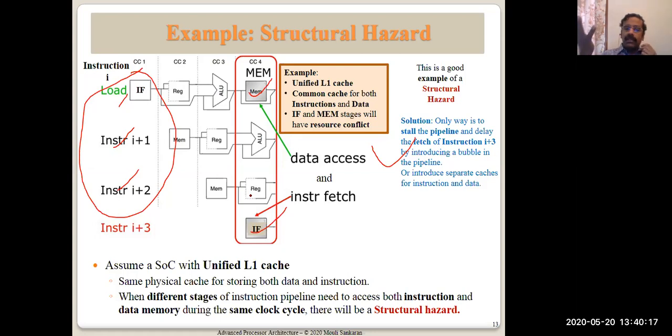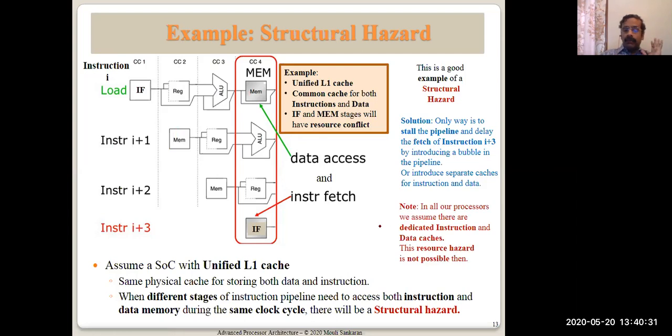You have a CPU with a 10 stage or 20 stage pipeline, but if instruction memory and data memory are a unified cache, then you are not getting the benefit of all the design work you have done in the CPU. So it's a waste of effort. We always assume in our processors that a dedicated cache is there. That's why we have seen load and store instructions happening in parallel. In the background, we always assume different instruction and data memories, a Harvard architecture which accesses both simultaneously.